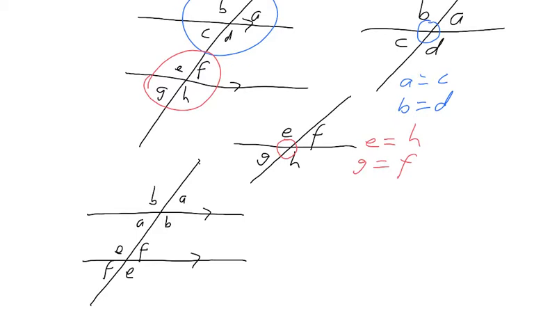So that means this top line here is the same as this bottom line. So that means that angle here, A, is going to be the same as this angle here, F. Which we know that A equals A, so that means these four angles here are the same.